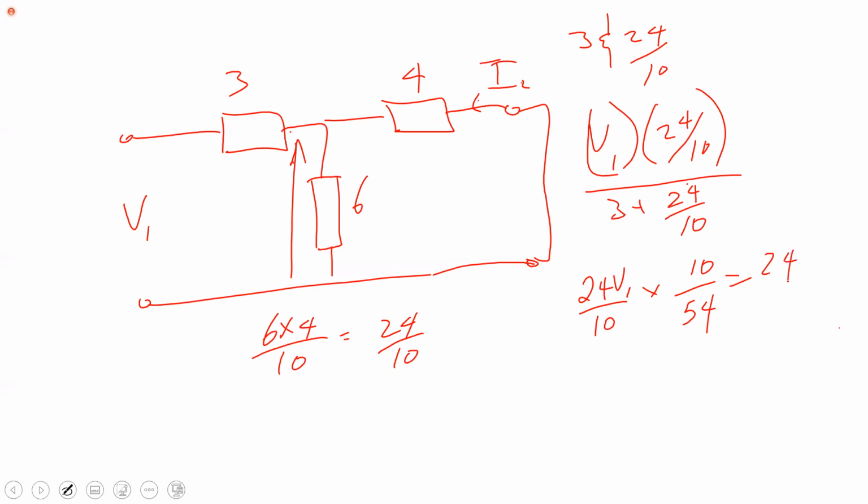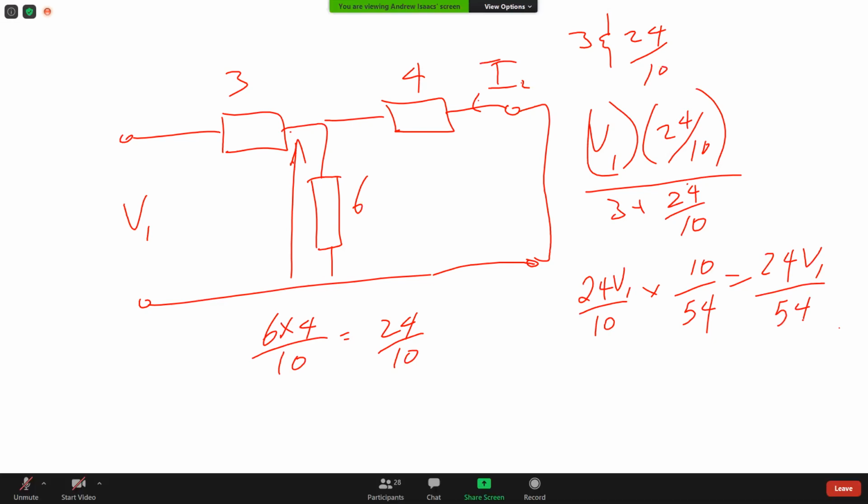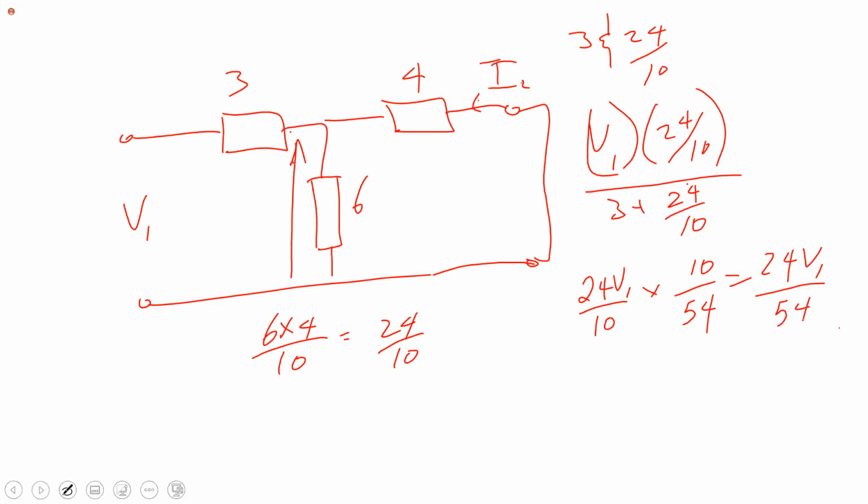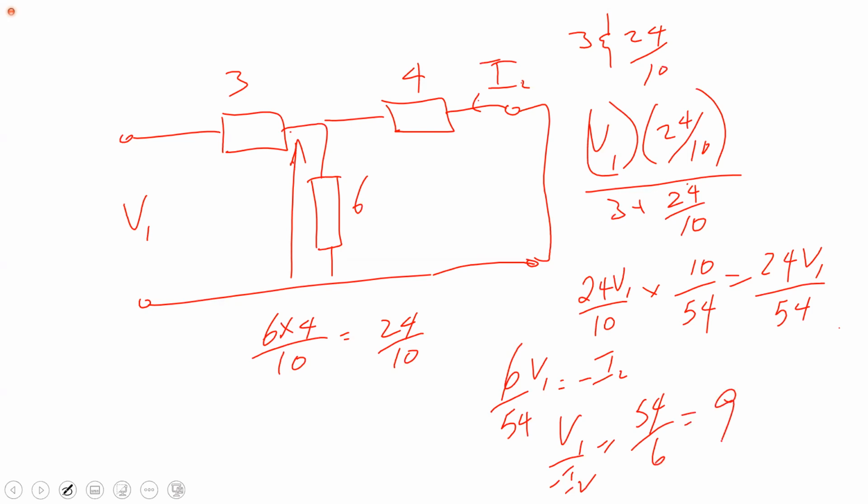I get 24 V1 over 54, and that would be the voltage across here. So I'm dividing that now by 4. So I get 6 over 54 V1 is equal to minus I2. So V1 over minus I2 is 54 over 6. That's 9. That's what you're saying, right? Yes, sir. So there's an error there, and it would be 9.